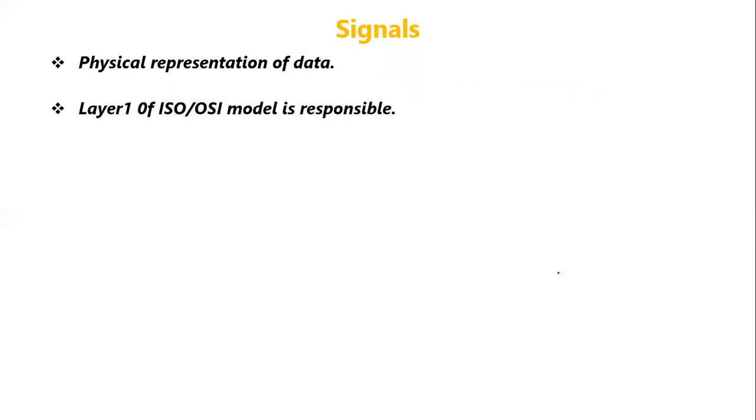And signals are transmitted by layer 1, the physical layer of the ISO OSI reference model. You may know the ISO OSI 7-layer model. The bottommost layer is the physical layer, also called layer 1, which is responsible for transmitting the signal from the source to the destination.